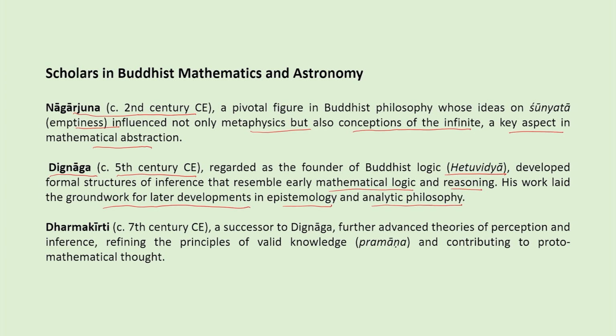The next name, which is very important for understanding Buddhist mathematics and astronomy, is Dharmakirti, 7th century CE, a successor to Dignaga, who further advanced the theory of perception and inference, refining the principle of valid knowledge, pramana, and contributing to proto-mathematical thought.